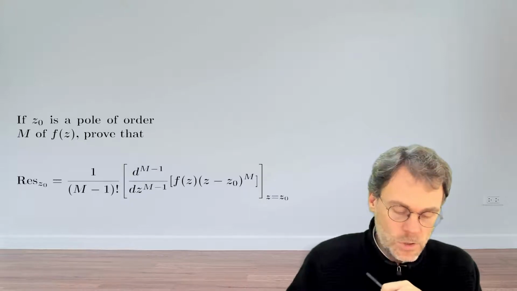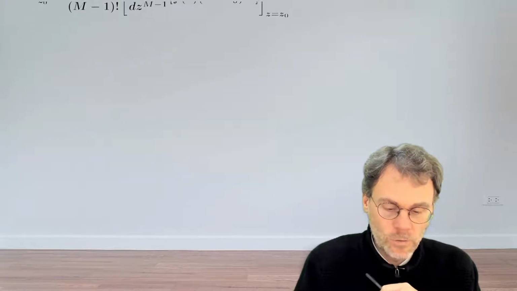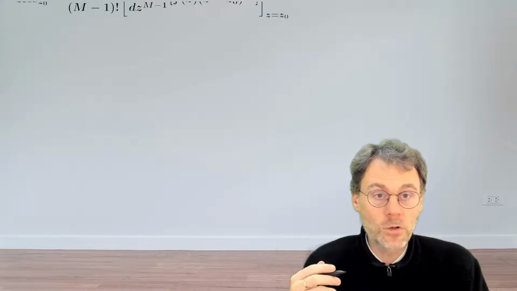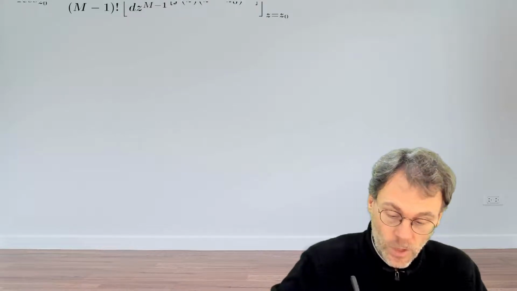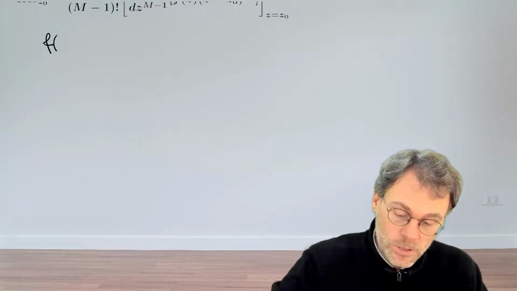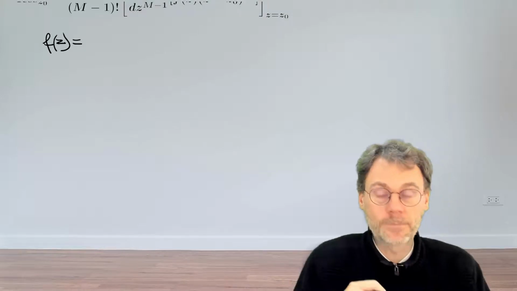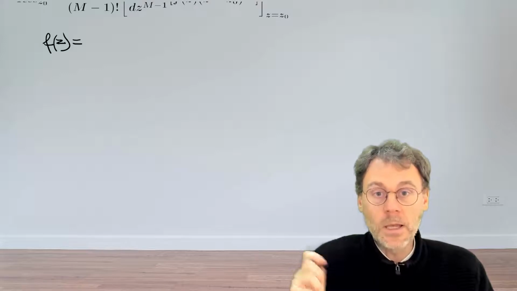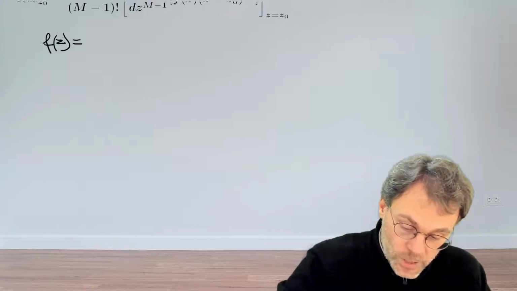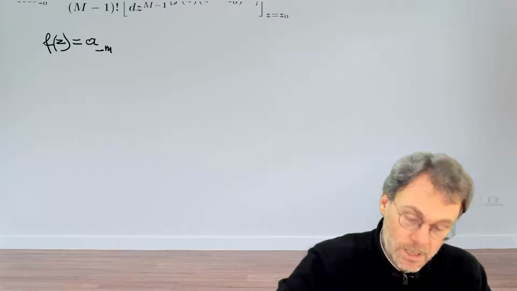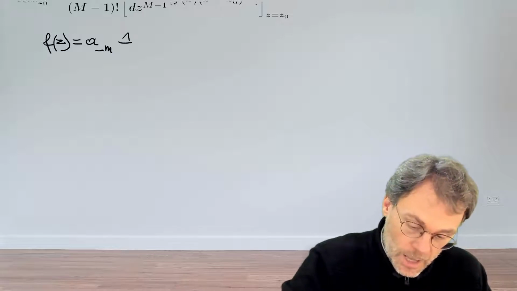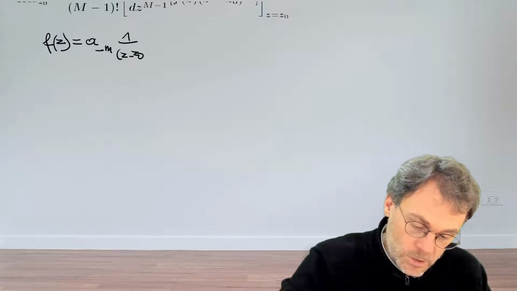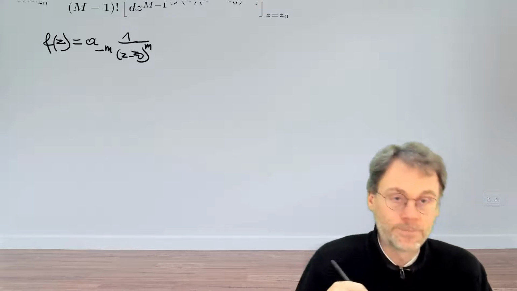So in order to see more clearly what's going on, I'm not too fond of using the summation notation. So let's just try and write down explicitly what the Laurent series of our function looks like. Since we know that we have a pole of order m, this means that the first term that will appear here in our Laurent series is a minus m, times 1 over z minus z naught to the power of m.